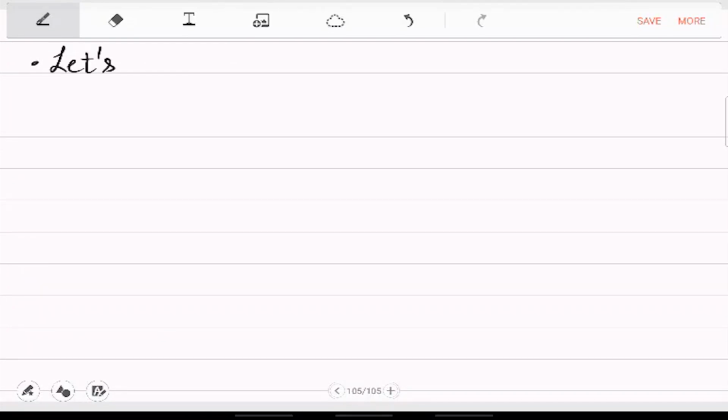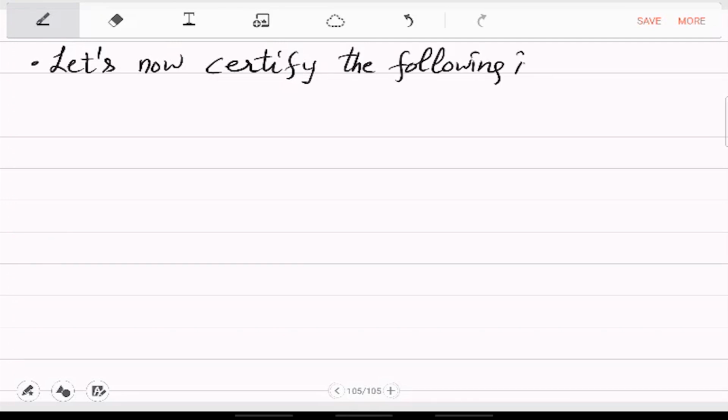So let's now design a log space machine. Let's now certify the following in log space.